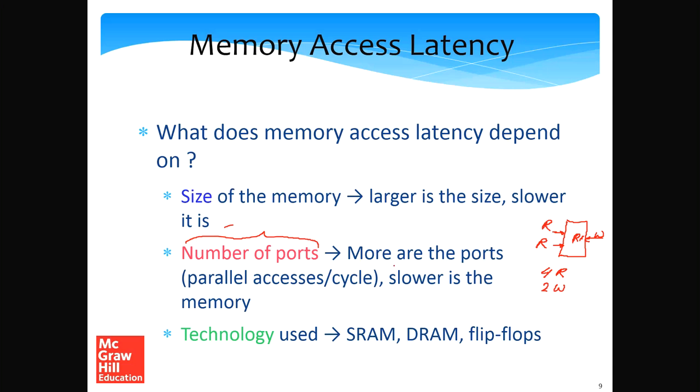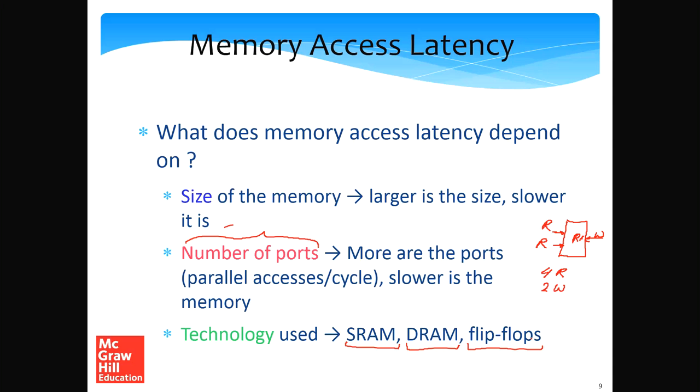So the more the number of ports, the number of parallel accesses per cycle, the slower the memory will be, and the more the power will be. And then the latency also depends on what kind of technology we use. If it's an SRAM or a DRAM or a flip-flop, it'll take different amounts of power, latency and area, as we have discussed.